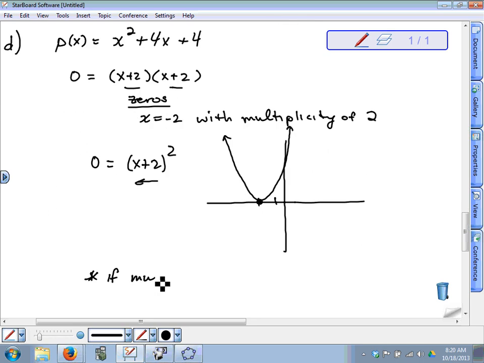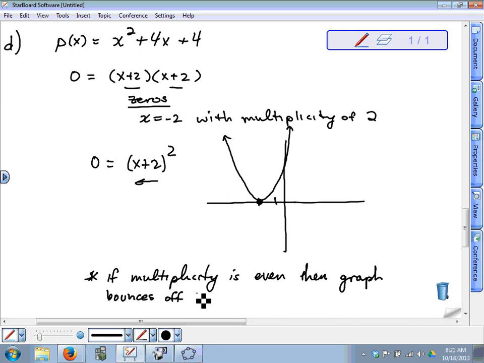If the multiplicity is even, and it doesn't matter how high, it could be multiplicity of 2 or multiplicity of 4 or multiplicity of 20, then the graph bounces off the x-axis at the 0.